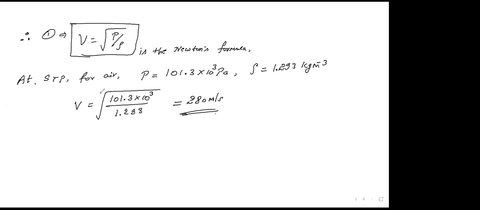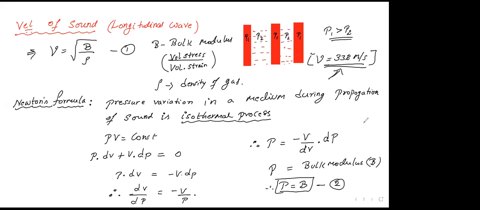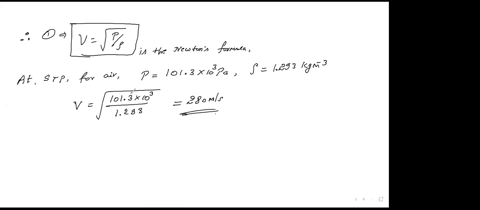So the velocity of sound is coming out very low theoretically using Newton's formula, but the actual value is 332, correct? So Newton's formula fails to explain the speed of sound. This is about 16% less. The actual experimental value, the practical value of the speed of sound, is 332 meter per second.